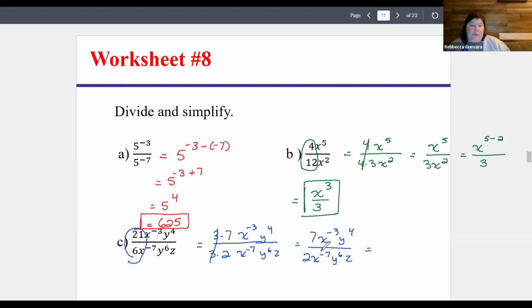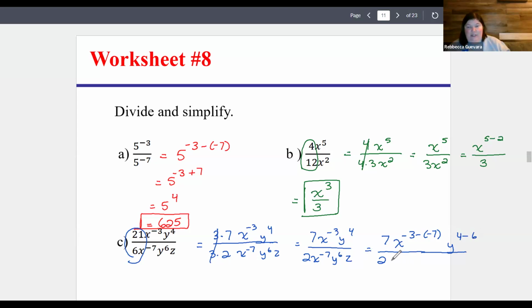Okay, so we got an x on the bottom and the top. So on the top, we're going to have x to the negative 3 minus negative 7. And then we have a y here at the top and the bottom. So we're going to have y to the 4th, and then that's on the bottom, so it's going to be 4 minus 6.